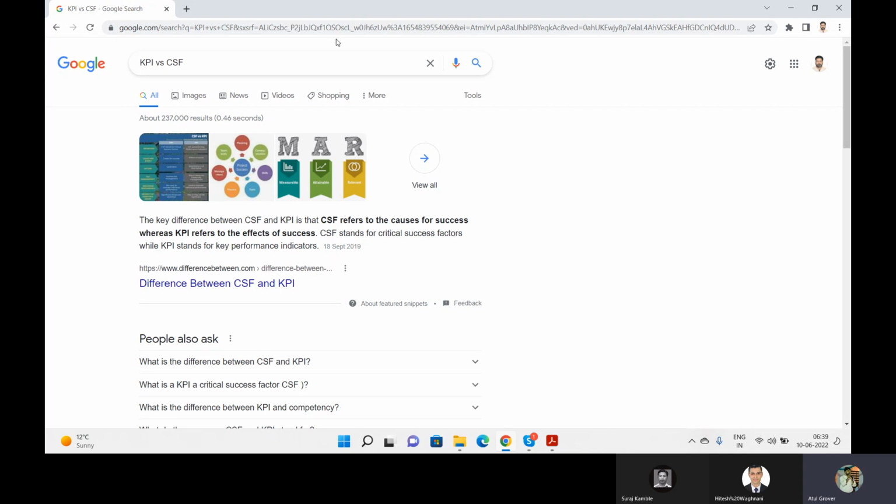So what they say is CSF means cause of the success, whereas KPI means effect of the success. ऐसा क्या है जिससे आप सक्सेस हो रहे हो? ऐसा क्या हो रहा है, उस सक्सेस से आपके ऊपर क्या फर्क पड़ रहा है? That is the KPI, key performance indicator.